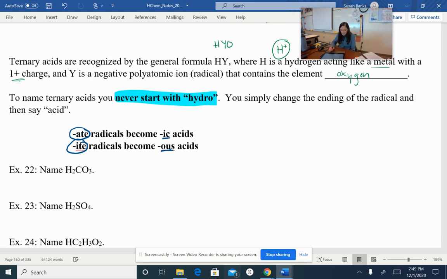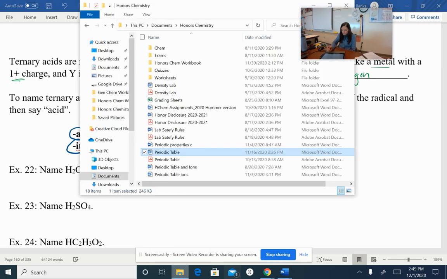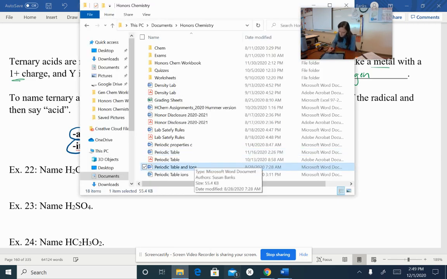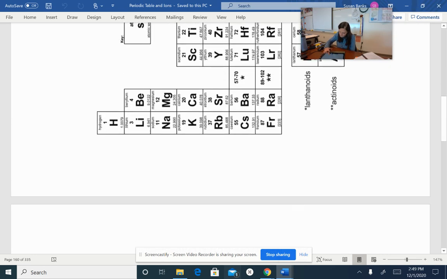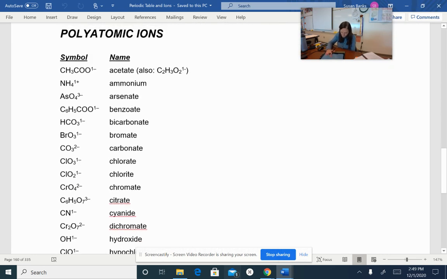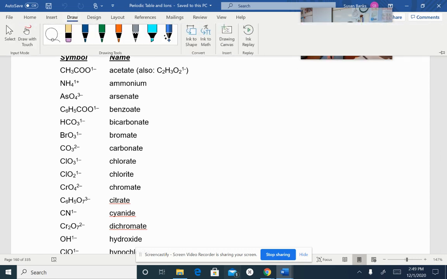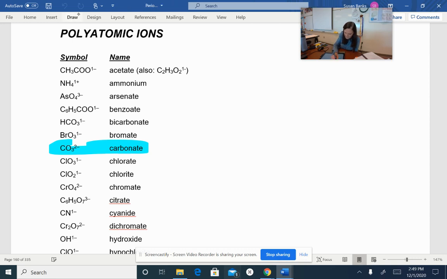H2CO3. The first thing we've got to do is find out what CO3 is. So let's get our periodic table with ions up. So let's look up CO3. So if I look at CO3, I have carbonate. It ends in ate. So I'm going to drop that ate and change it to ic, carbonic.